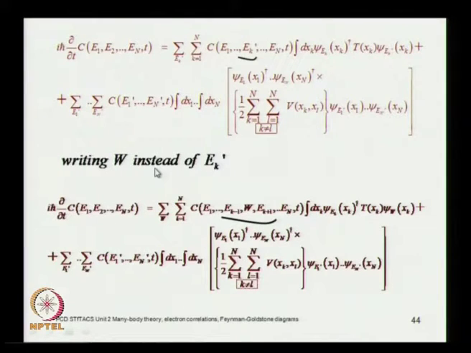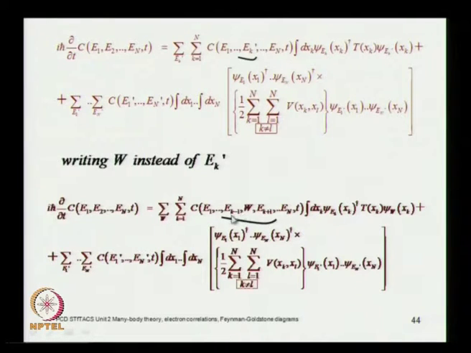I am following the notation from Fetter and Walecka's book, which I have referenced for this discussion. So, here instead of ek prime I have a w, other than that everything else is the same.